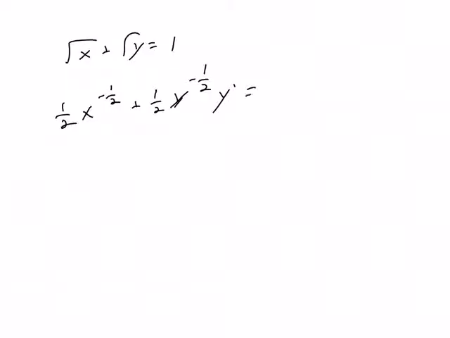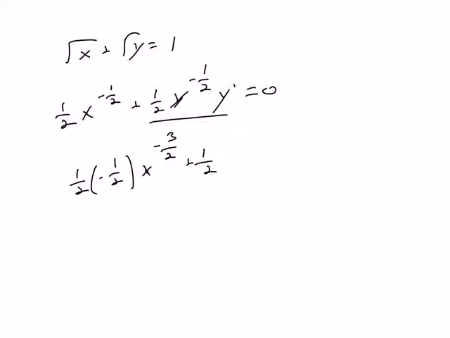So next problem, same thing. We're going to have the square root of x plus the square root of y is equal to 1. We're going to have a half x to the negative a half plus a half y to the negative a half y prime is equal to 0. Or in other words, well, let's keep it this way. So then the next time we differentiate, we're going to get a half times a half x times negative 3 over 2 plus, and over here we need to use the product rule.